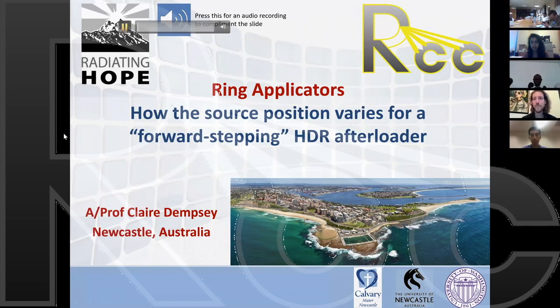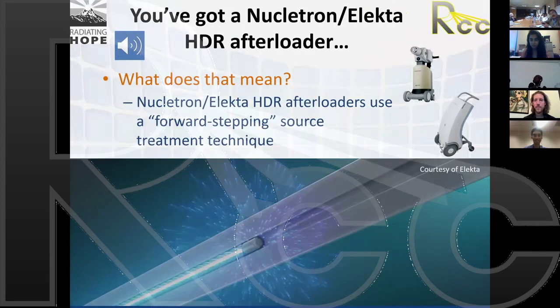Hi, I'm Claire Dempsey, and this presentation is to explain how the radioactive source position varies in a forward-stepping type HDR afterloader, particularly when the source is travelling around a ring applicator. Nucletron or Elekta HDR afterloaders tend to use a forward-stepping treatment technique.